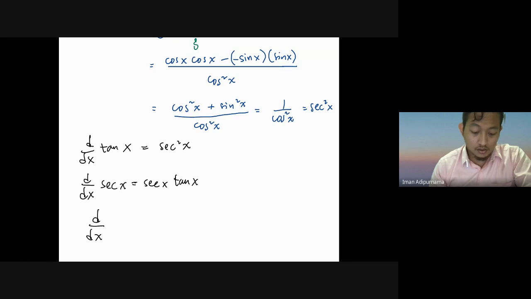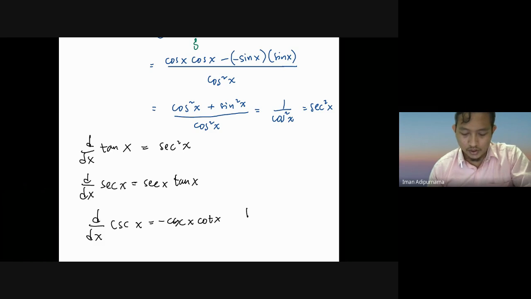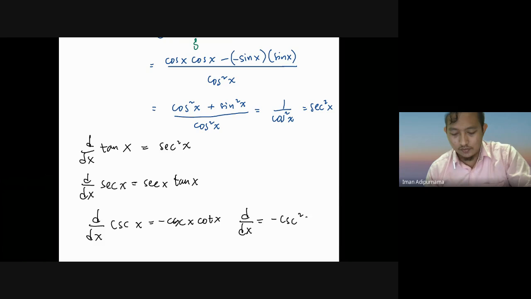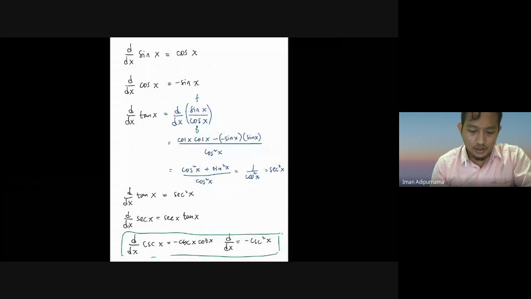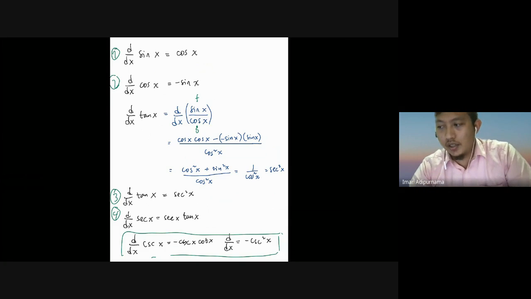But cosecant and cotangent are, I think, not really necessary. So this is not really necessary here. These two. So you get 1, 2, 3, 4, at least 4 trigonometric functions here. You can at least get the idea.